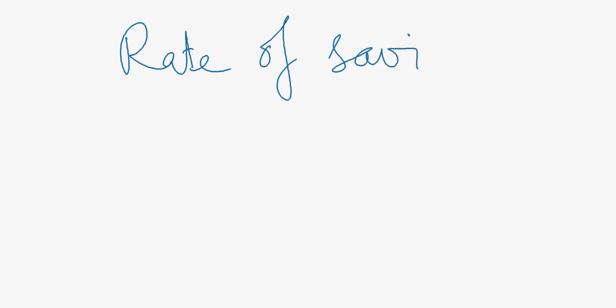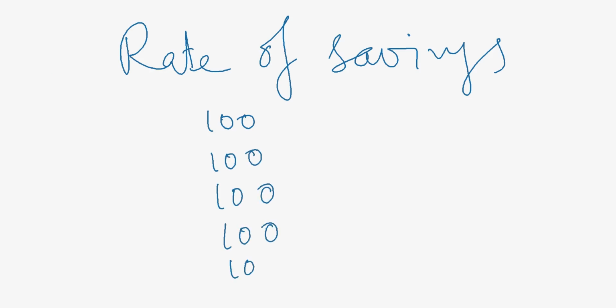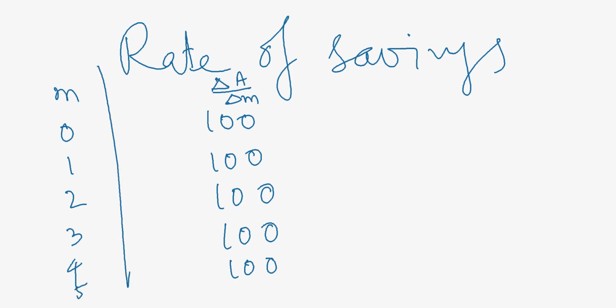Rate of savings. Right? So every month, let's say we deposit 100 rupees as A. If the rate is constant, then this is actually our delta A by delta M. Are you with me? Yes. And the month could be 0, 1, 2, 3, 4, 5 like this.